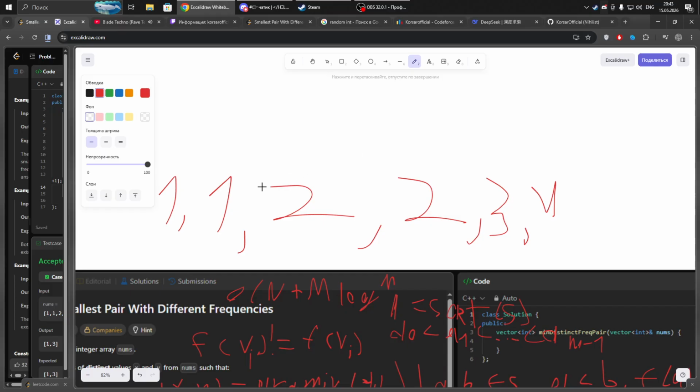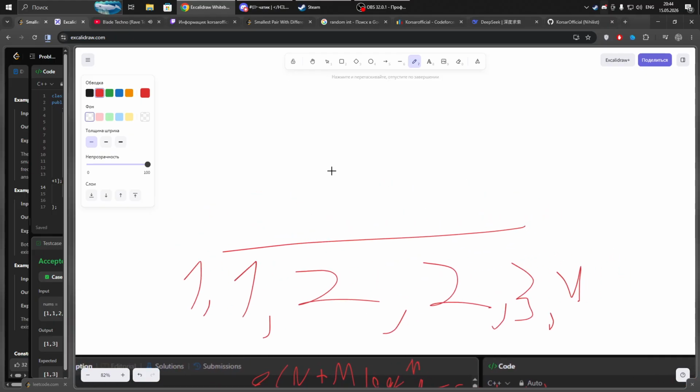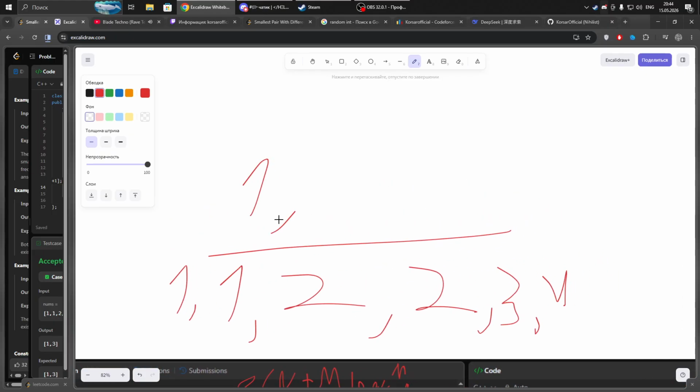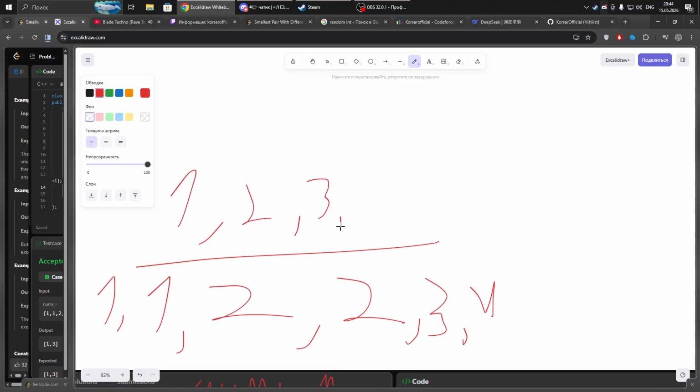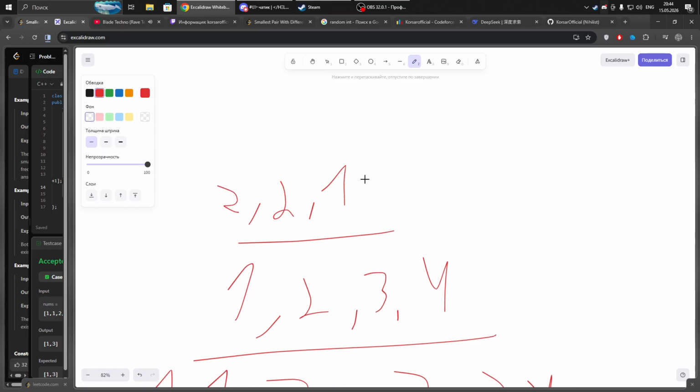We want two different toy labels. The first one is as small as possible. The second one is also as small as possible, but their frequencies must be different. So we line the labels up: one, two, three, four. Their counts are two, two, one, one.